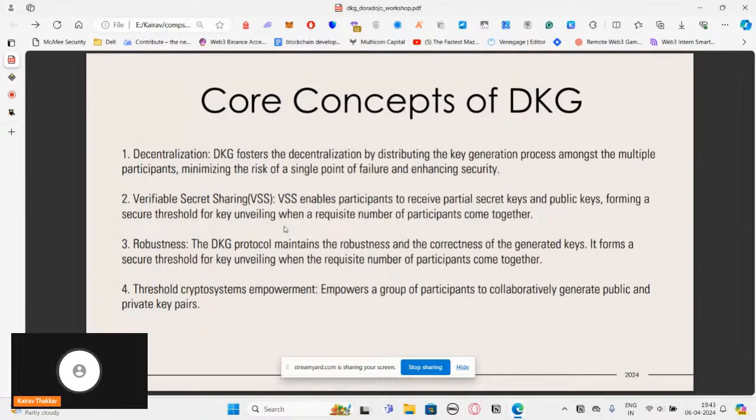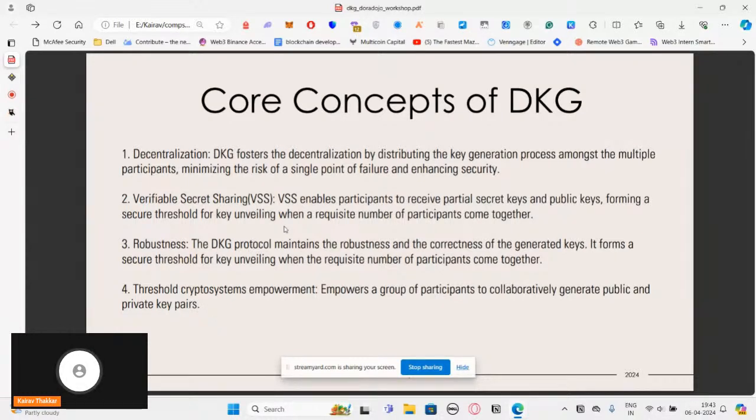Let's look at the core concepts. You have decentralization, as already mentioned: the key is not entrusted to one centralized entity. So it saves the risk of a single point of failure or corrupting a single individual. You have verifiable secret sharing, where participants receive partial secret keys and public keys.